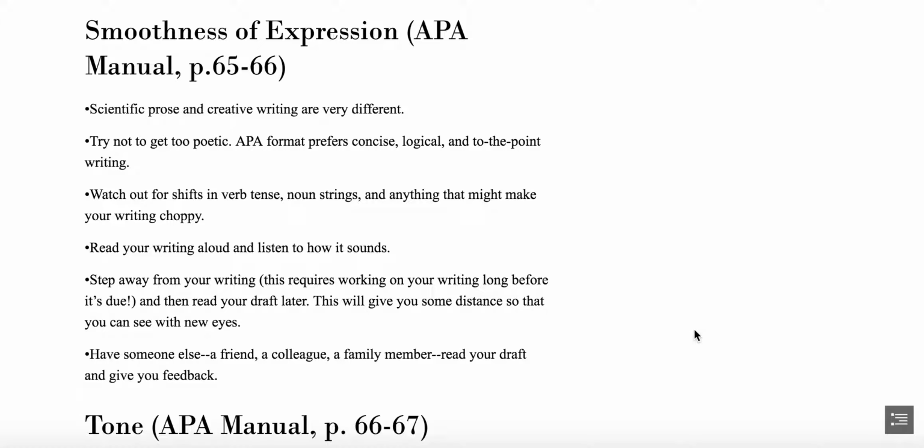Have someone else, a friend, a colleague, a family member, read your draft and give you feedback. For the most part, I would advise not having your mother read your essay for one of two reasons. One, your mother will be way more nitpicky than your instructor and will get out her red pen and there will be this contention between you and your mother.